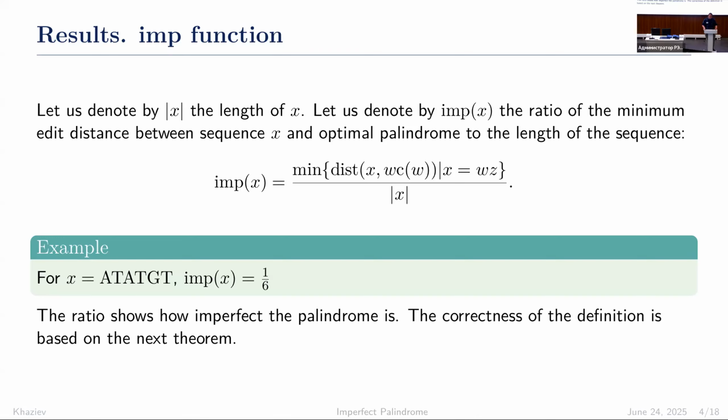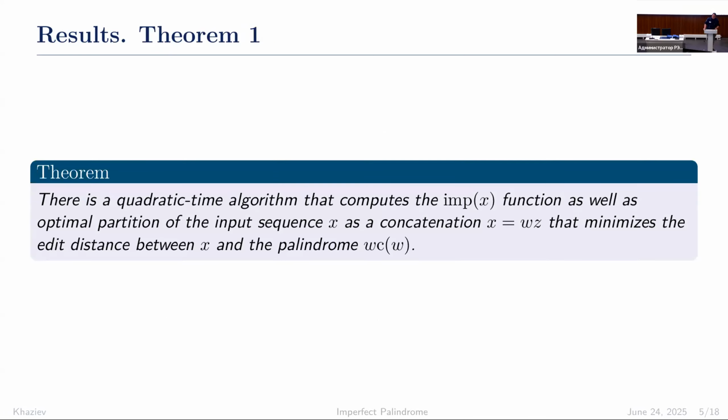The perfect palindrome optimal to that sequence would be ATATAT, as you can see from the previous slide. So the edit distance would be 1, and imp of x would be 1 divided by 6. This ratio shows how imperfect the palindrome is, and the correctness of this definition is based on the next theorem.